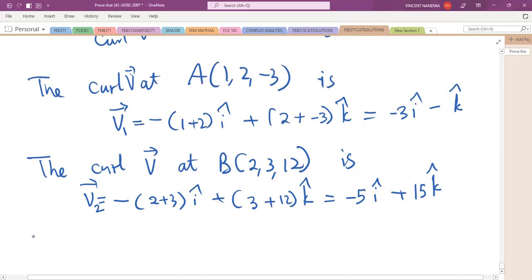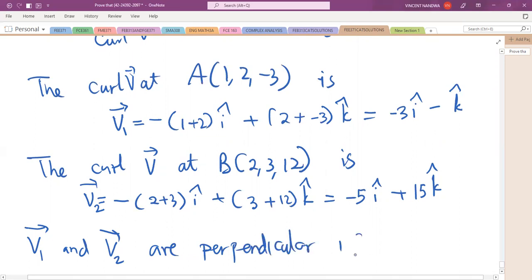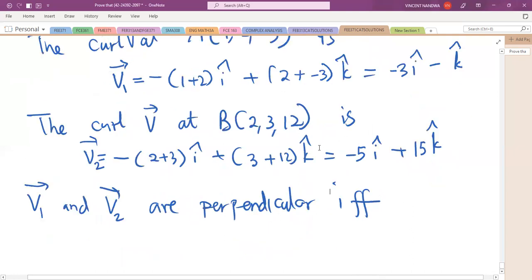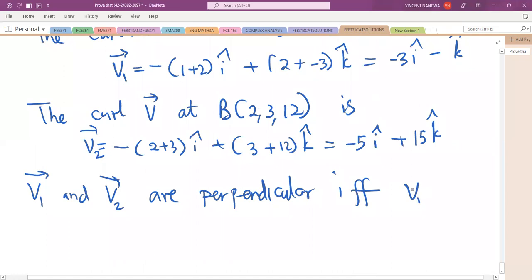So V1 and V2 are perpendicular if and only if their dot product is 0. So V1 dot V2 is 0.